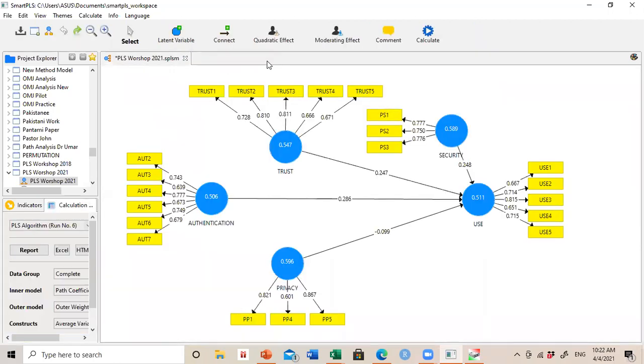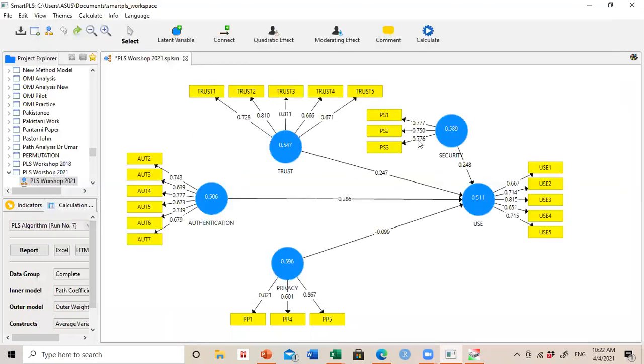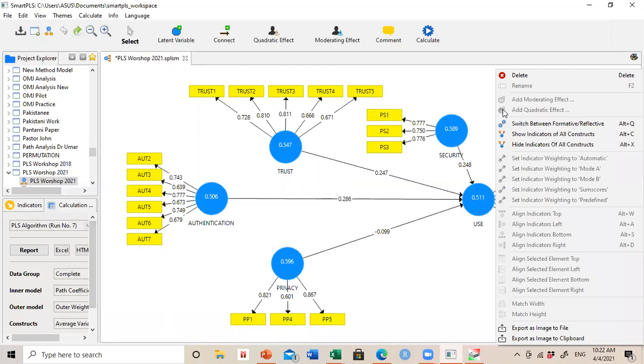The second one is the test of significance. You understand? If you remember, if we want to test significance, we run Calculate PLS Algorithm and start calculation. Let me not confuse you with this stuff.